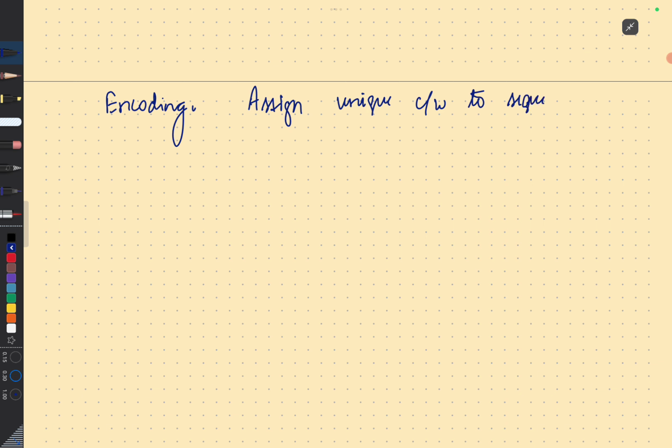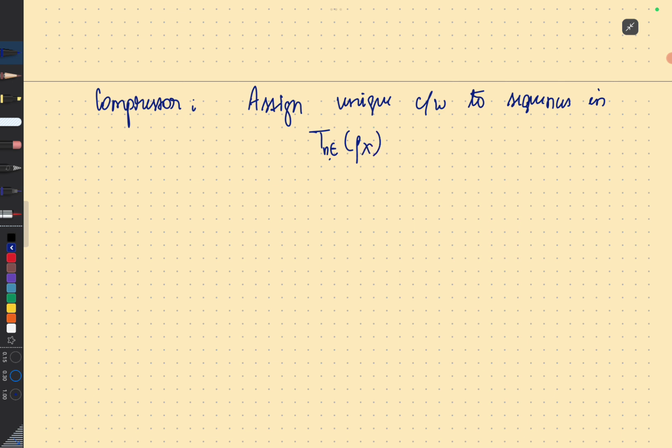All right, so the compressor, basically you assign unique code words to sequences in T_n epsilon of p_X.